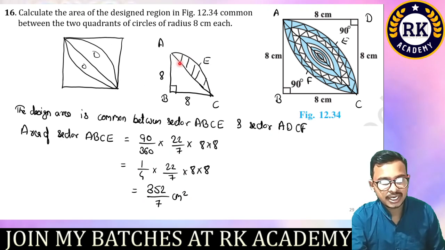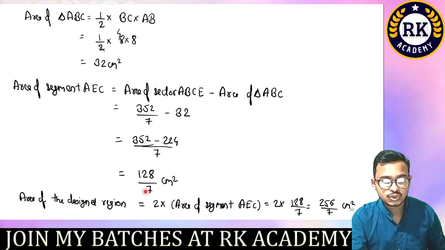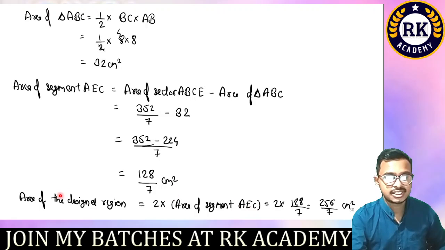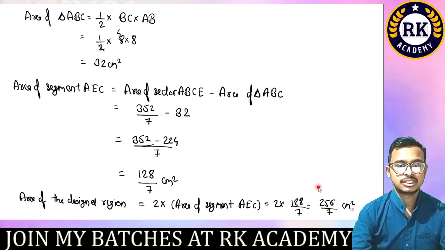Now is there a similar part below also? Yes, equivalent, completely same to same. So because of that, 2 times the area of segment AEC will be the designed region. Okay, so 2 into 128 upon 7, it comes 256 upon 7.